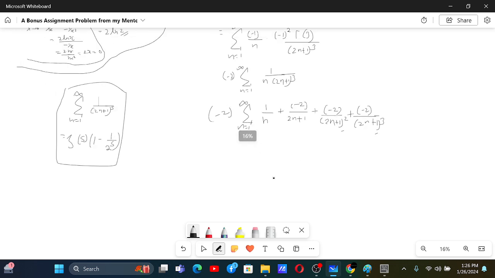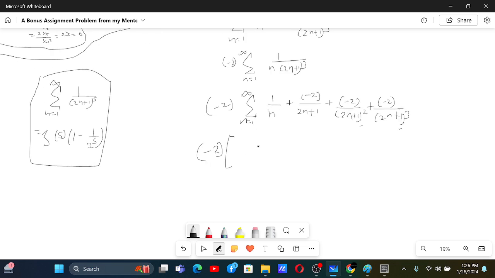So basically let us write this as minus 2 times the sum from n equals 1 to infinity of 1 by n minus 1 by n plus 1 by 2 (dividing by 2) in one sum, and the other sum from n equals 1 to infinity of minus 2 by 2n plus 1 whole square plus minus 2 by 2n plus 1 whole cube.